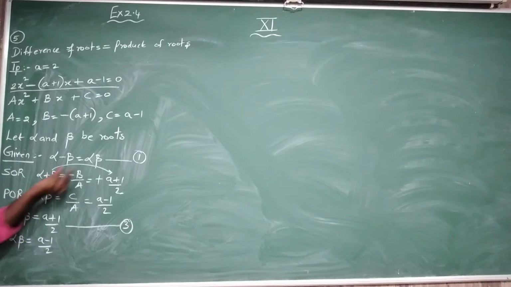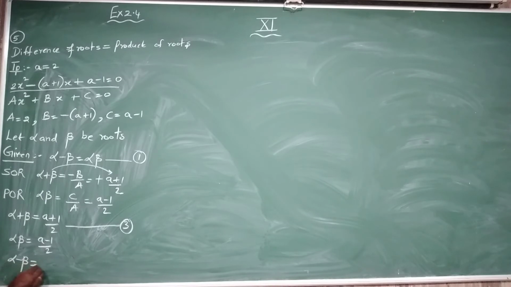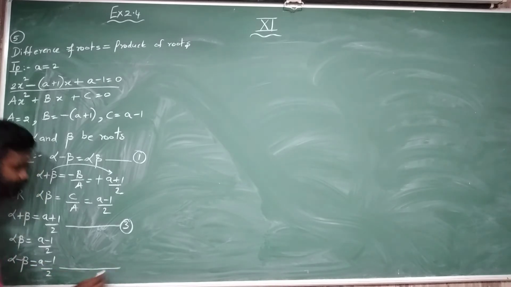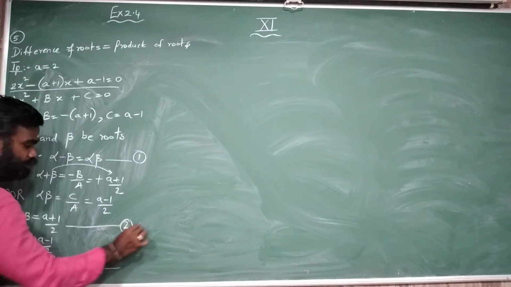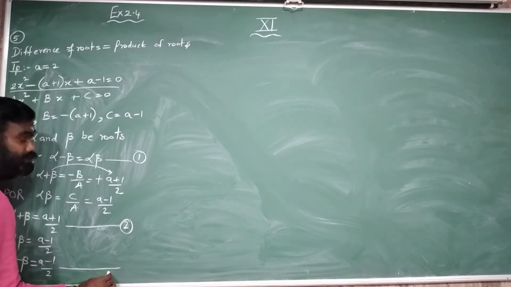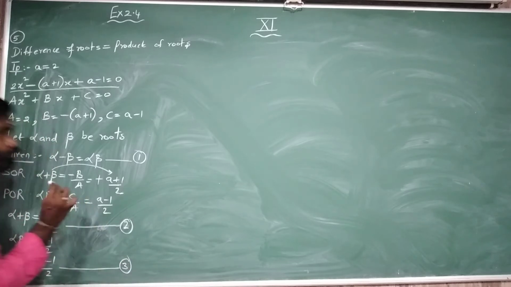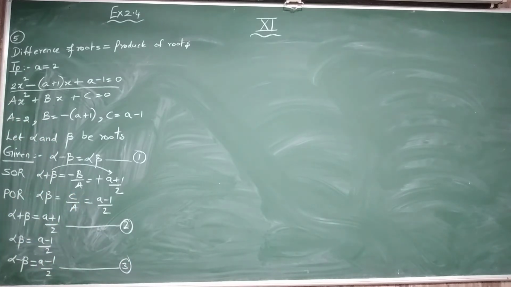Since we know alpha beta is equal to alpha minus beta, in place of alpha beta I am going to substitute alpha minus beta equals (a − 1) by 2. Keep it as equation 3.